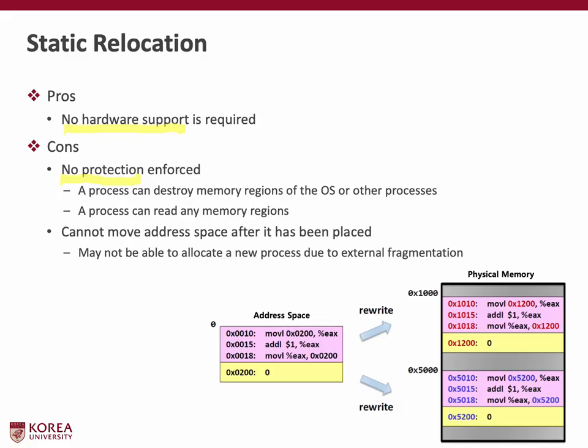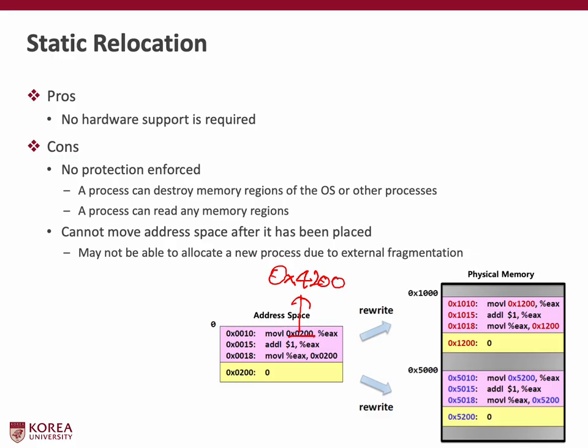For example, imagine a malicious programmer writes a large memory address value in their code. Let's say this value is 4200.